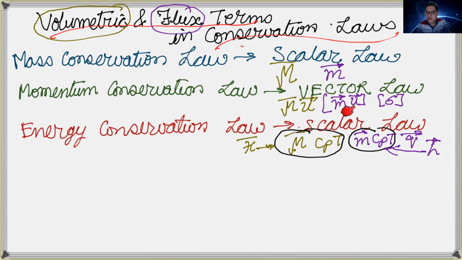This is because the momentum flux has two directions, corresponding to the mass flux and the velocity. The stress is also represented by the direction of the plane in which it acts and the direction in which it acts. If both are the same, we call those normal stresses. Otherwise, we call them shear stresses.